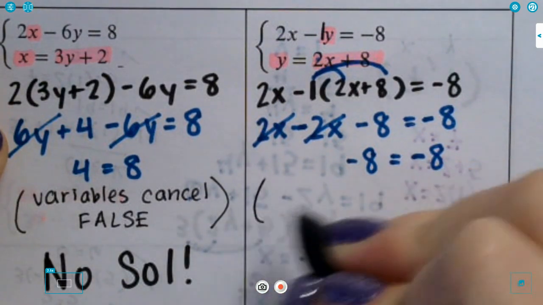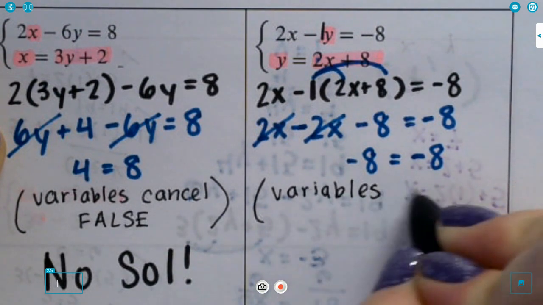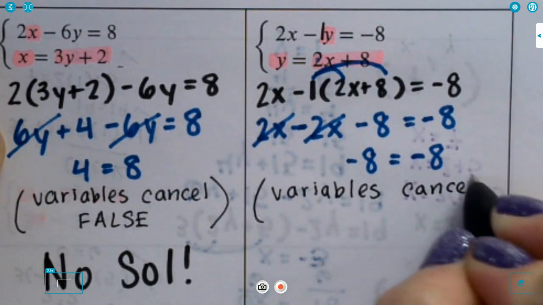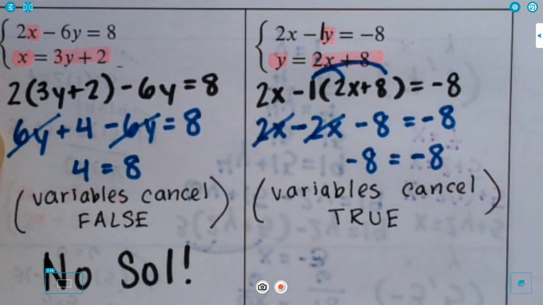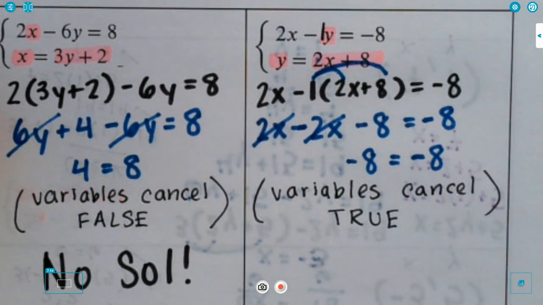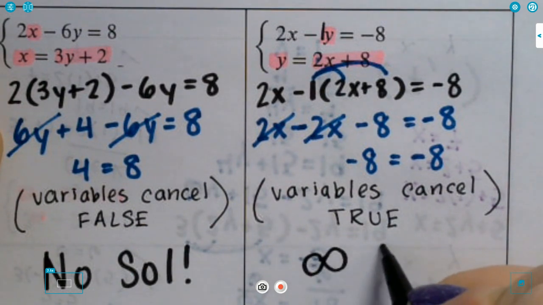If our variables cancel out and we are left with a true statement, anybody remember what our answer is? I heard somebody say it. Infinite, yes. Infinite solutions.